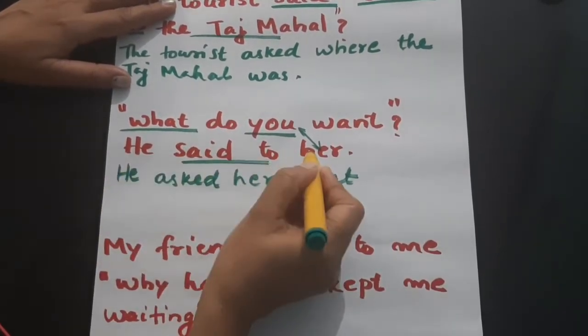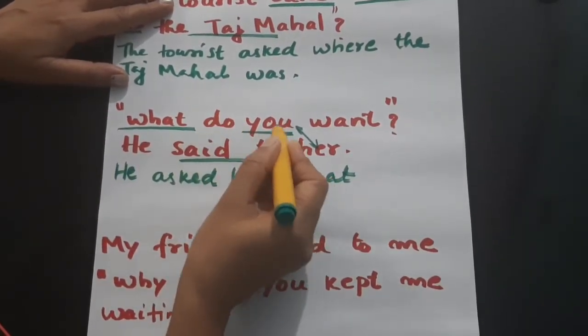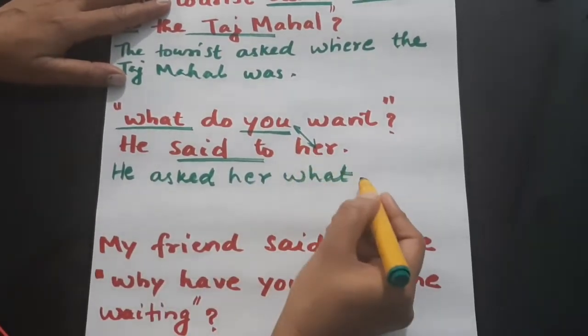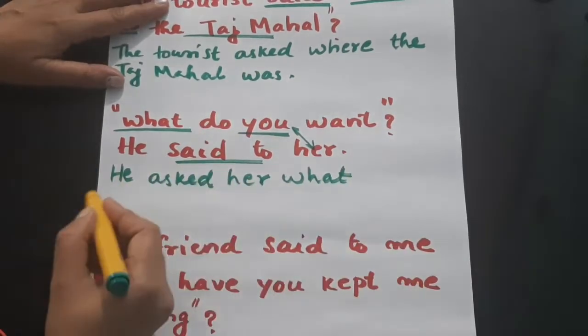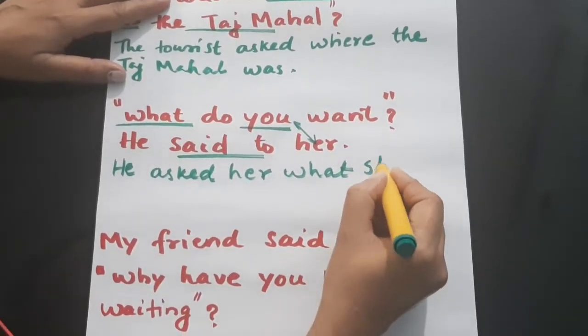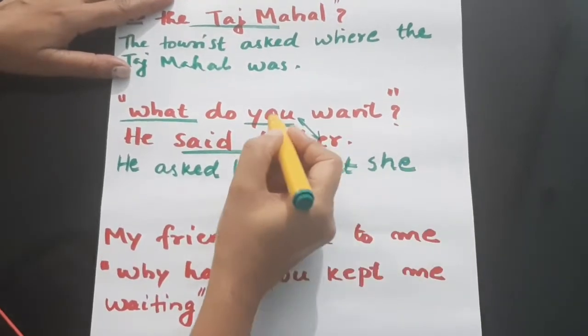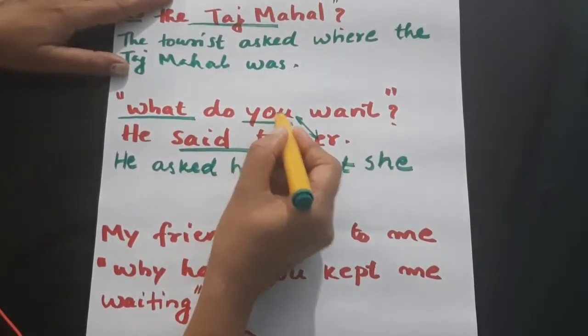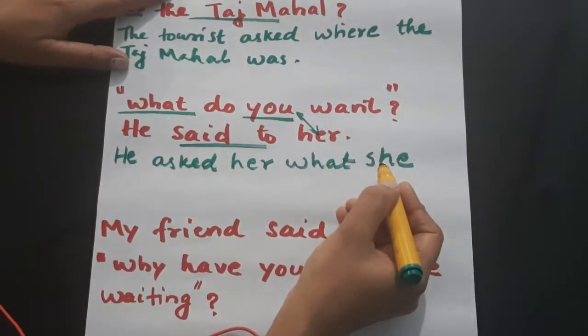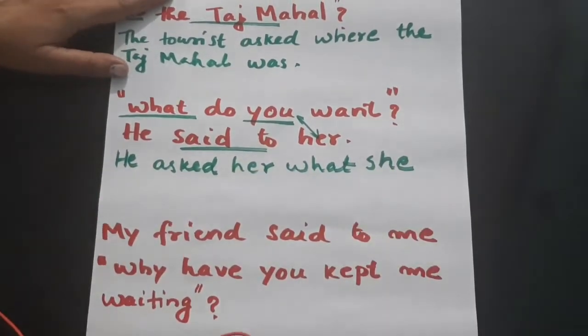So that you means her, isn't it? He said to her, what do you? See here, you means her. So she is the subject here, isn't it? He asked her what she. Subject you is changed to she. So he asked her what she. Okay.